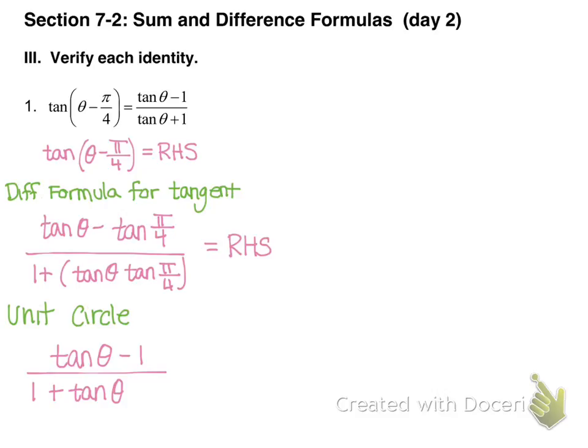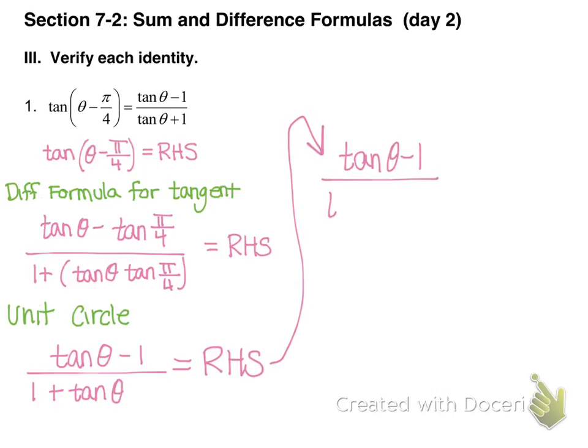So now we are very close to looking like our right-hand side. I'm going to come up here, and we're just going to rearrange it and say tangent theta minus 1 over, I'm going to write tangent theta in front now, plus 1.